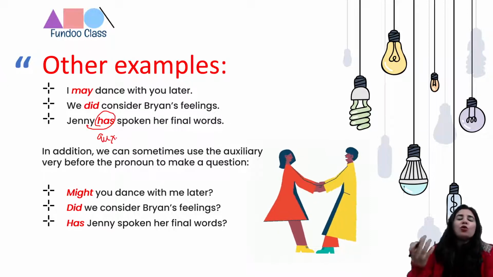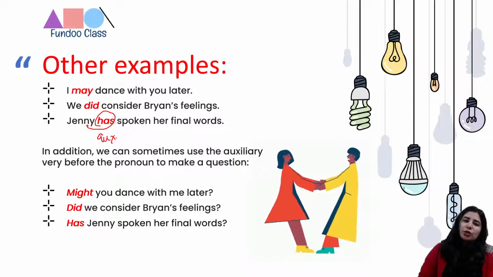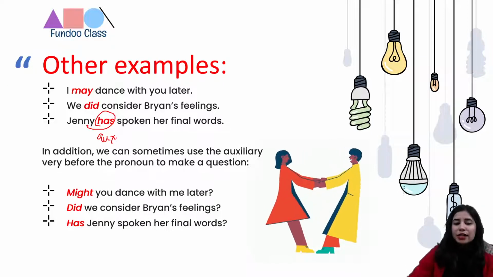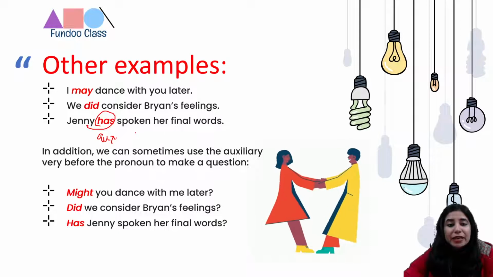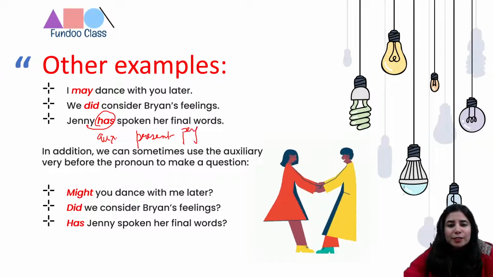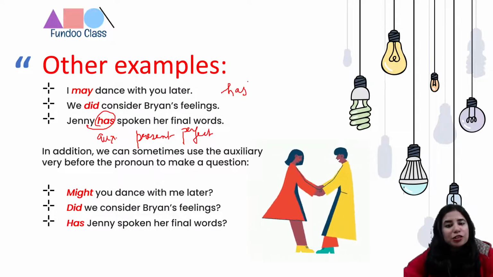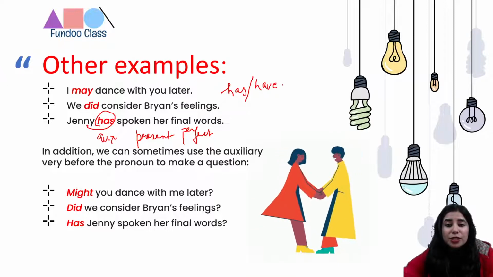So has spoken makes you understand that the action we are talking about is in present perfect, right? Present perfect is either you use has if we are talking about a singular subject, or have if we are talking about a plural subject, and with the verb third form.